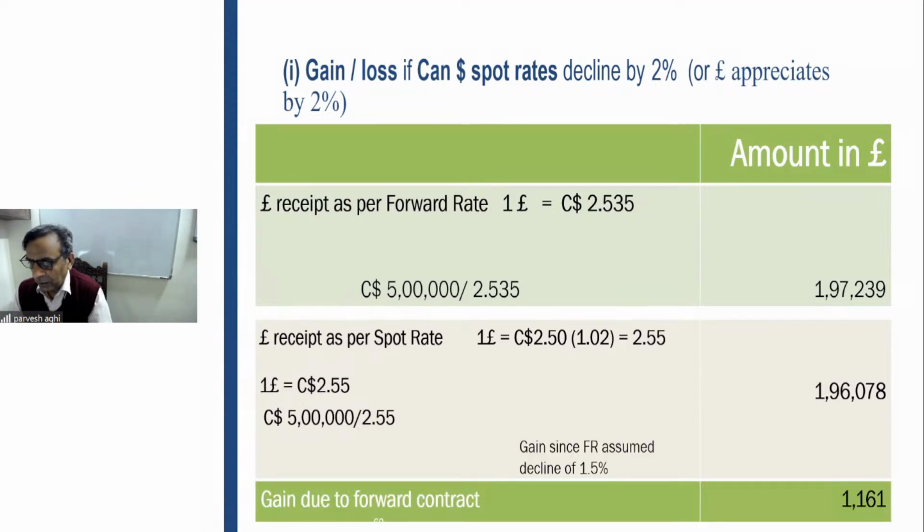Now he's very happy because the pound has actually depreciated by 2% as against the forward rate, which was assuming a decline of 1.5%. Okay, so he's gaining due to the forward contract. I hope you're understanding.